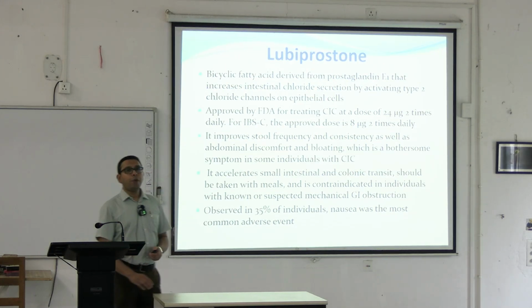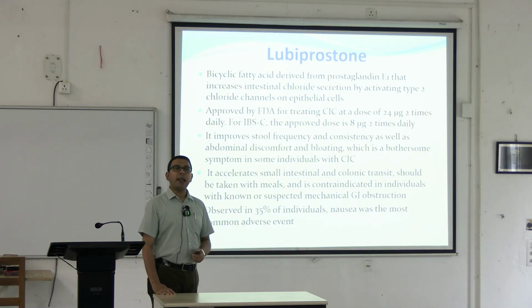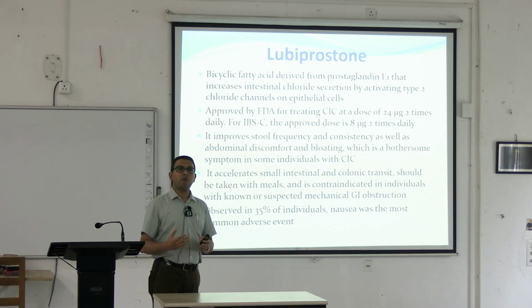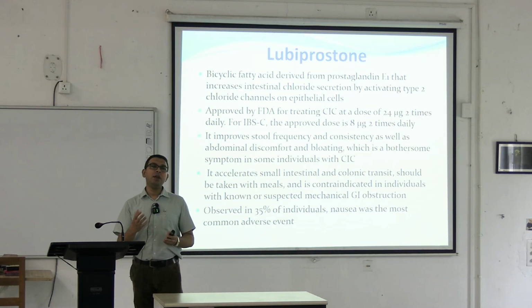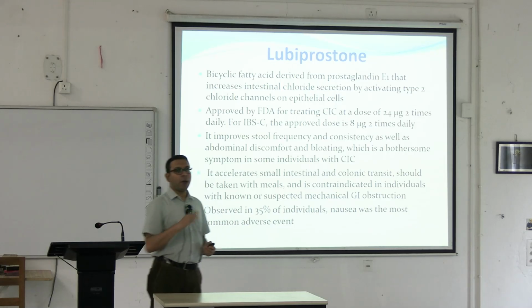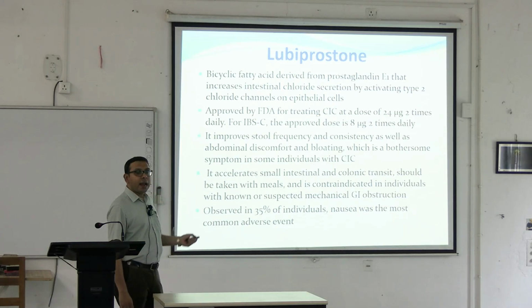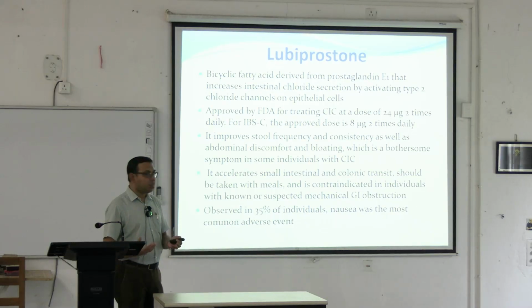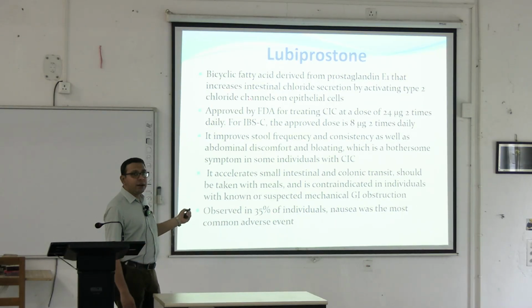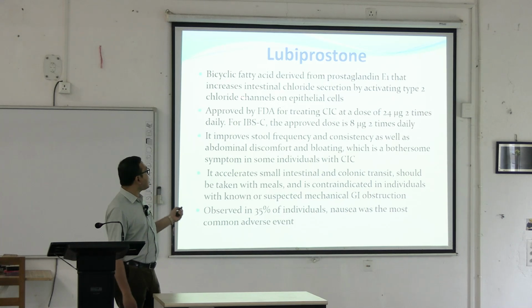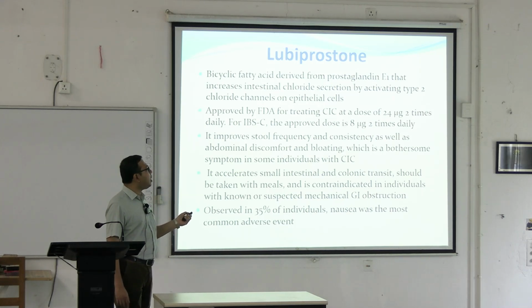Next one is lubiprostone. Lubiprostone is another newer drug that is used for constipation if it fails the other therapies we have already discussed. Basically it is a bicyclic fatty acid derived from prostaglandin E1 that increases intestinal chloride secretion by activating type 2 chloride channels on epithelial cells.